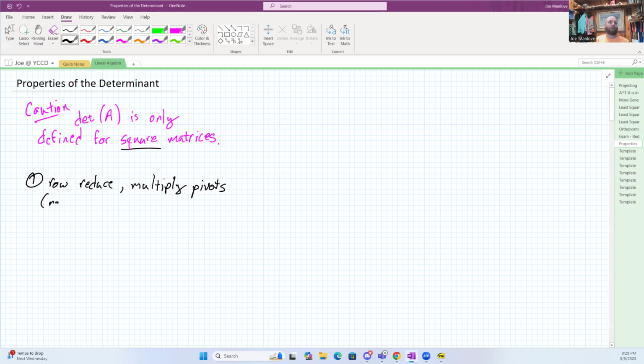So row exchanges flip sign. If you require two row exchanges, you're going to flip the sign twice. That's going to get you back to where you started. If you have one row exchange required, you're going to get negative the product of the pivots. Okay, that's going to be item one. This is actually how the computer does it because otherwise it's gross.